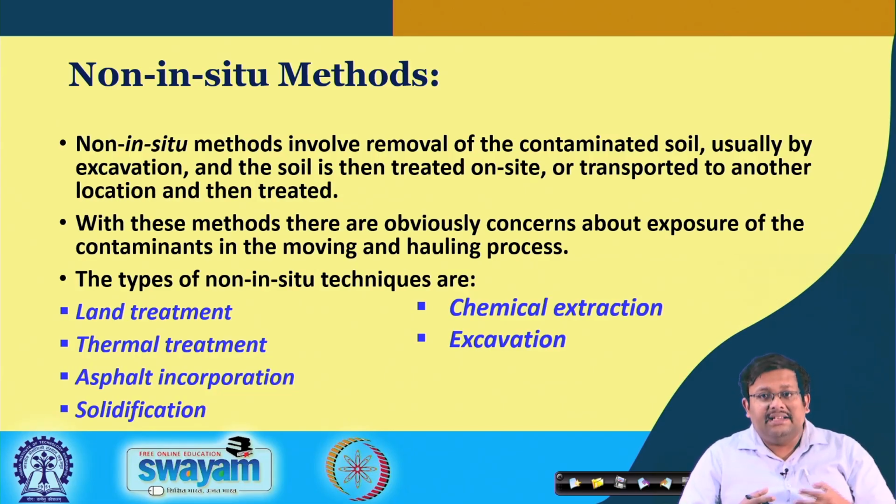So, basically it is excavation followed by different types of treatment of the soil. With this method there are obviously concerns about the exposure to the contaminants in the moving or hauling process. However, in some areas this technique is still followed.